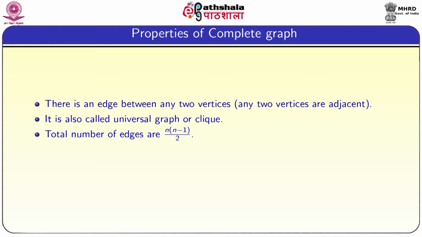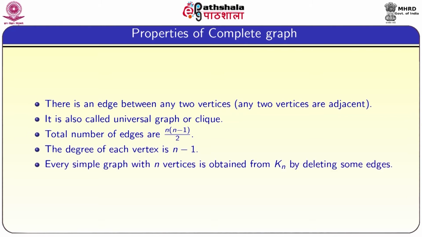There are n vertices, so the sum of the degrees of all vertices is n into n minus 1. If we divide it by 2 we get the number of edges. The degree of each vertex is n minus 1. Every simple graph with n vertices is obtained from Kn by deleting some edges.